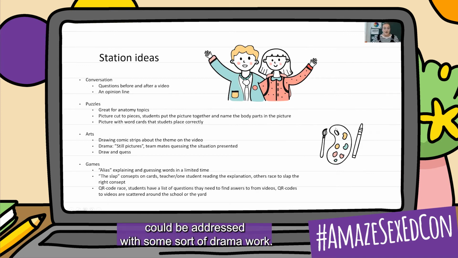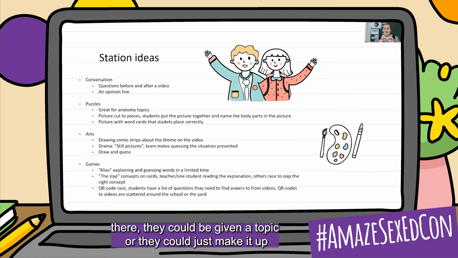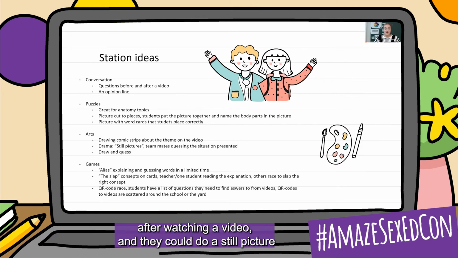The same theme could be addressed with some sort of drama work, and we use still pictures. A couple of students could be given a topic, or they could just make it up after watching a video, and they do a still picture of something that they saw in the video.